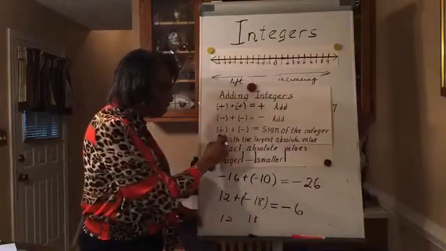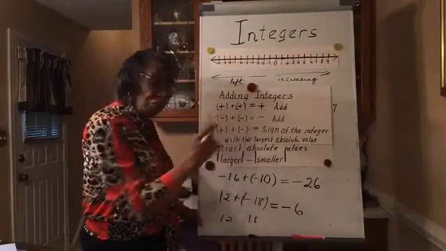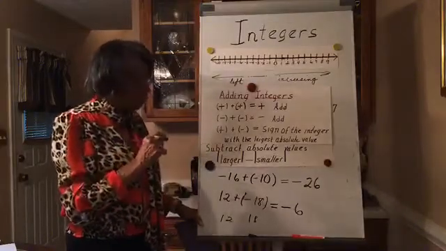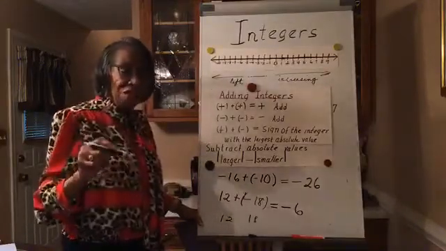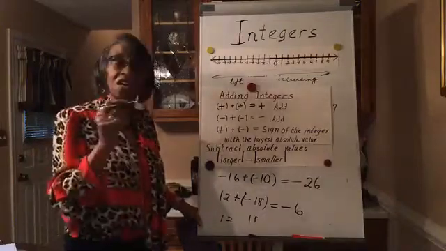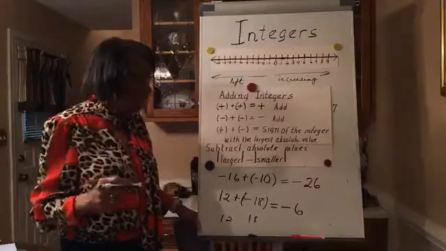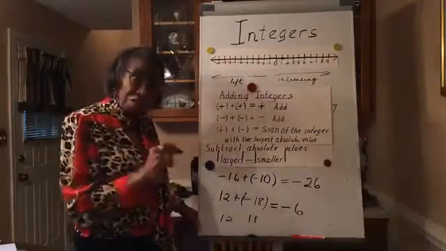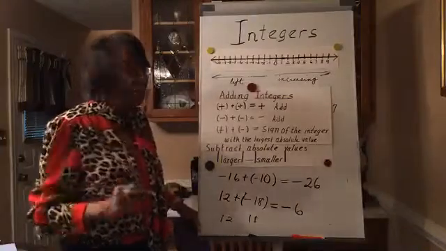When there's a positive and a negative, we determine the sign by looking at the integers that we have. The sign is always the sign of the integer with the largest absolute value. And then we subtract the larger absolute value minus the smaller.